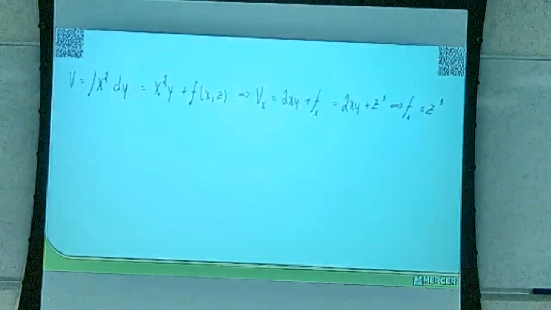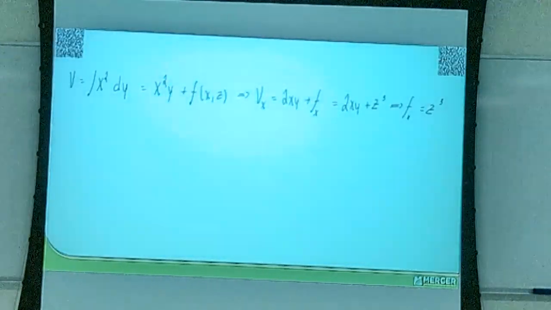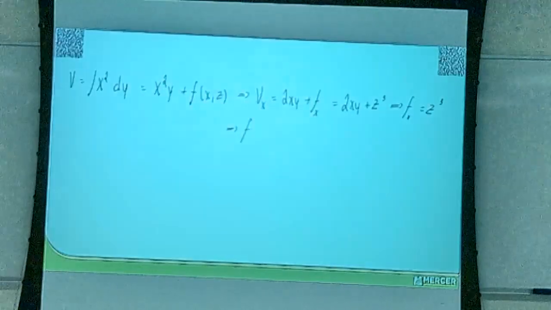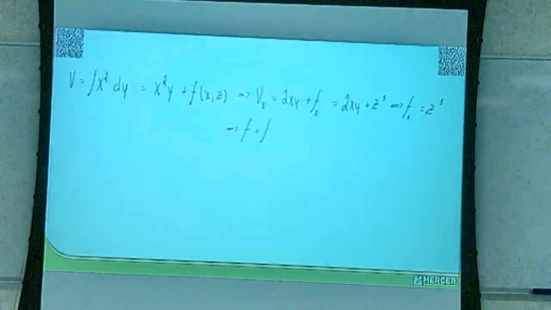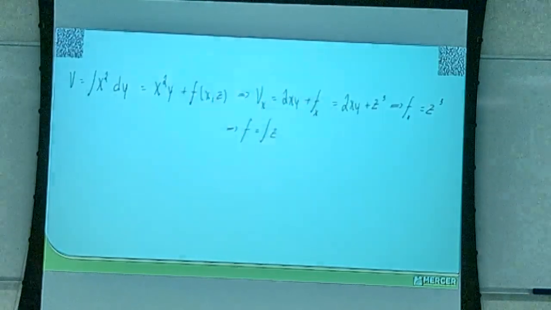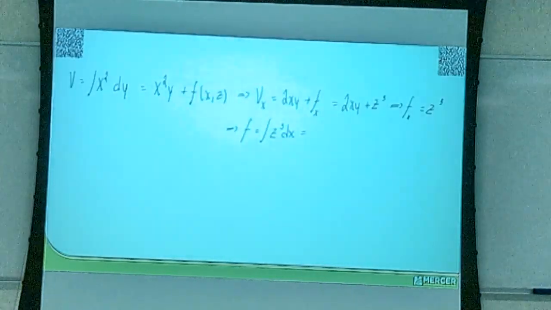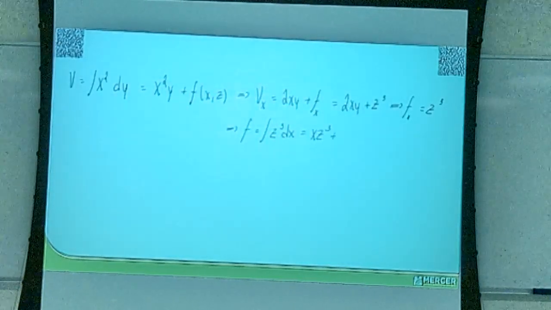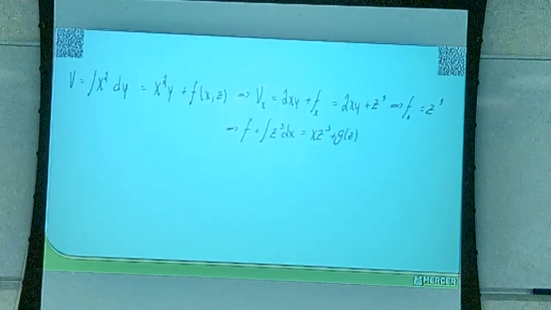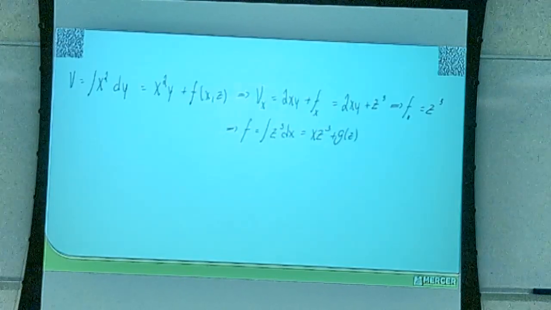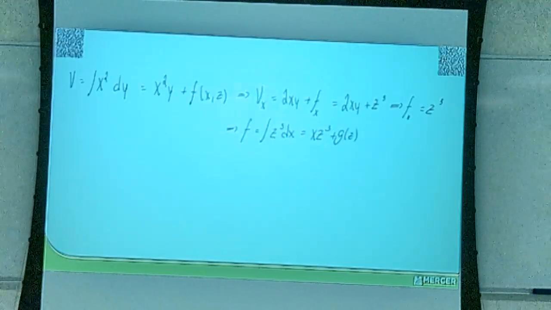So what's f? It's just that antiderivative, right? xz cubed plus some function of z only.